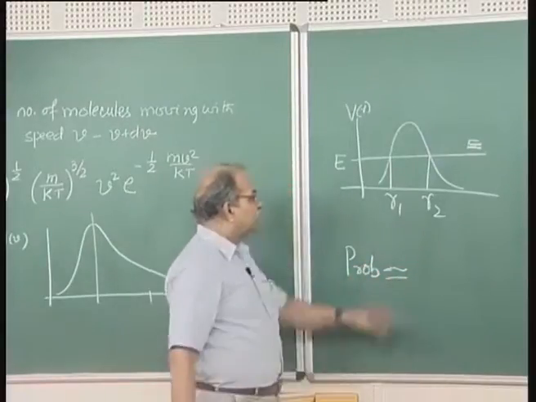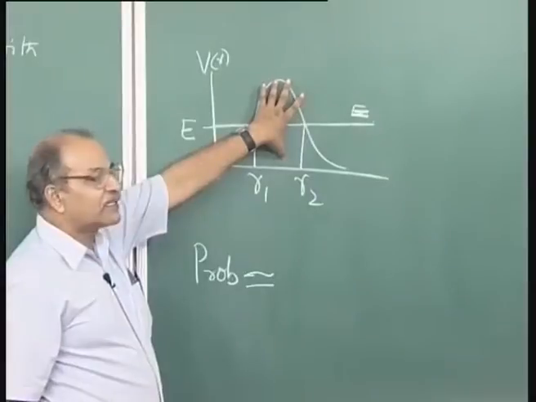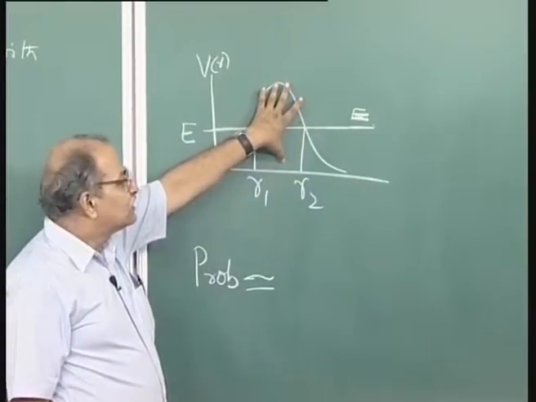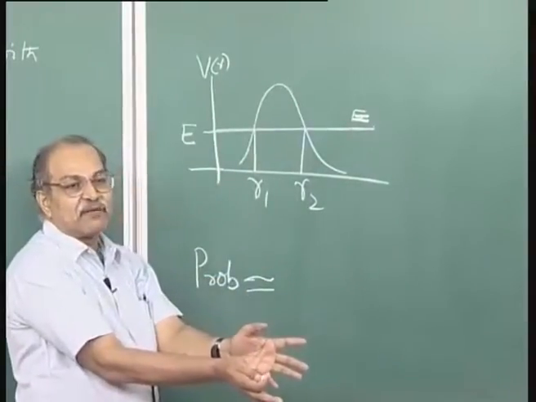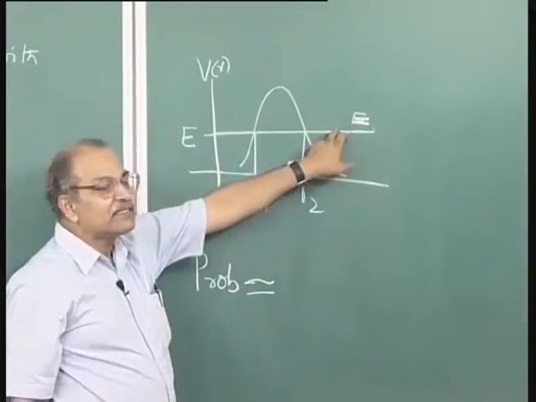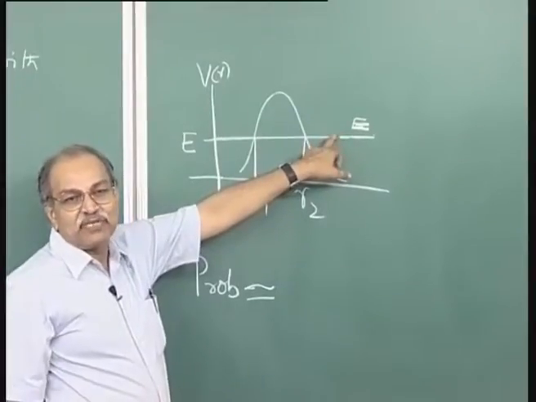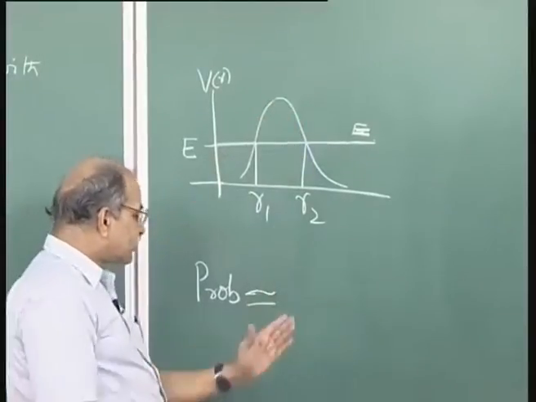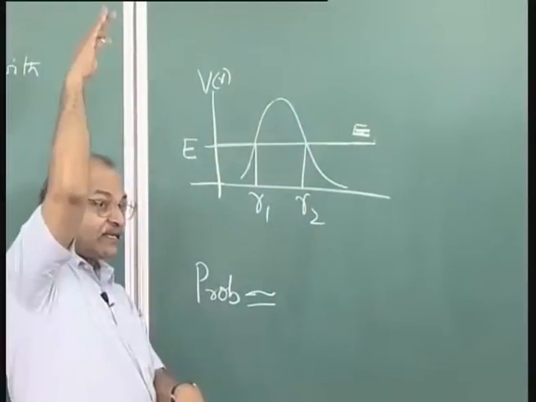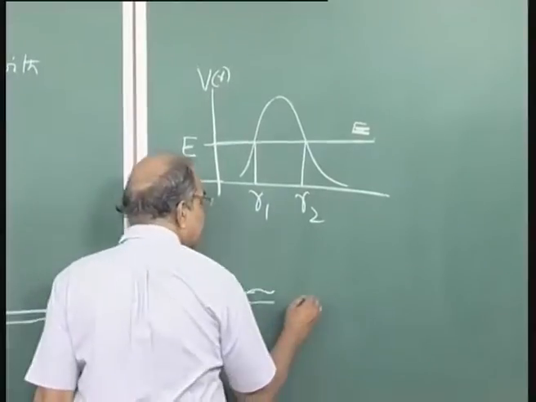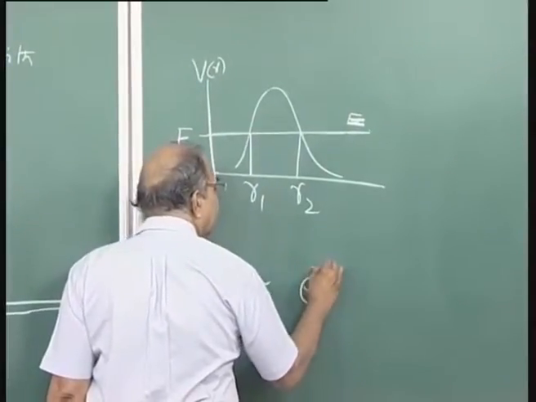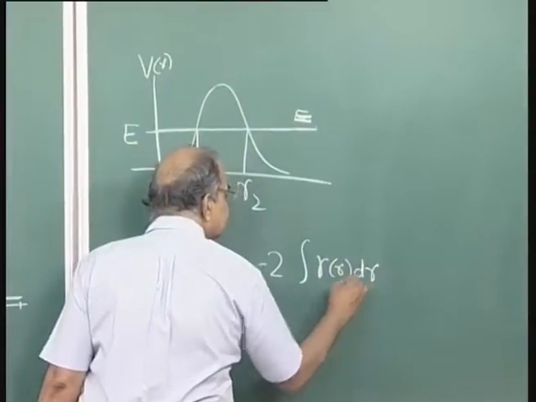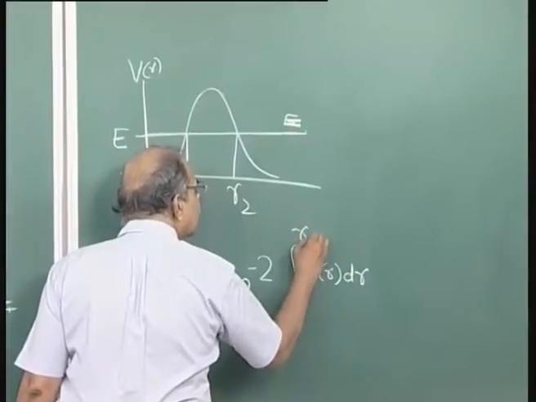especially if this energy is much smaller than the barrier height, not like the figure I have drawn. Assume the thermonuclear fusion, for example, in that case this available energy is always very small as compared to the total height here. So, in that approximation, when the barrier height is too big, this probability is e^(-2∫γ(r)dr) from R1 to R2.